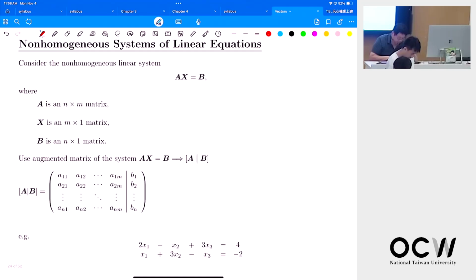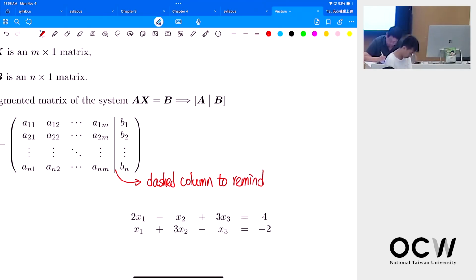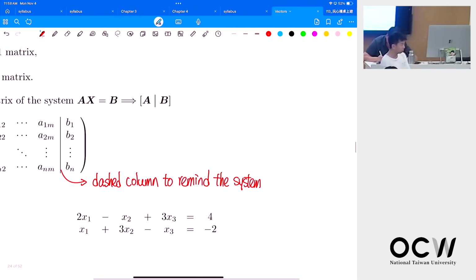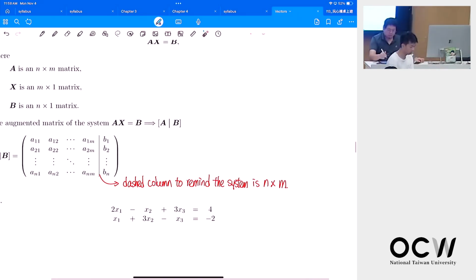Sometimes you will see a dash, which makes a dashed column, to remind you that the system is n by m, because you need to know how many independent variables and dependent variables there are.